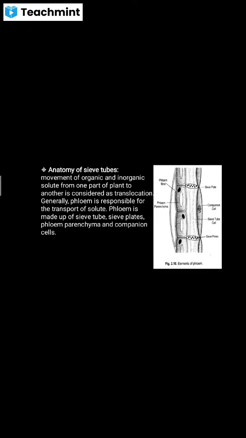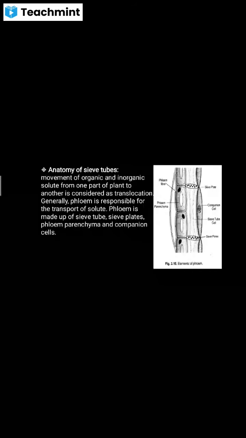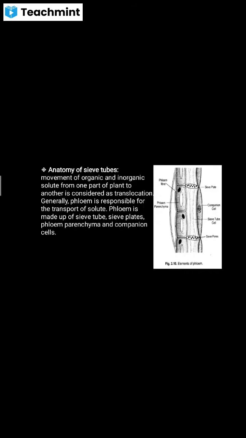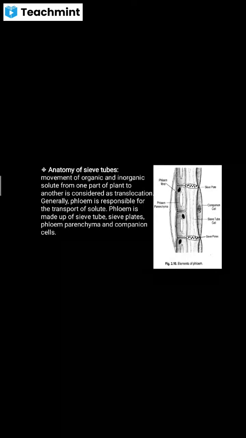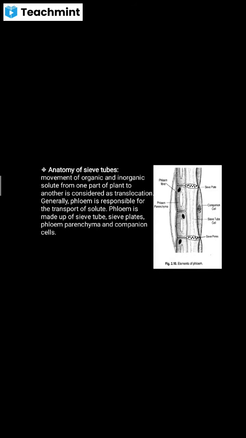So this is the picture of the phloem cell. In that you have seen the elongated tubes are there. At some intervals they are having the sieve plate, and in that sieve plate there are the sieve pores. Through those sieve pores the translocation of the solutes will take place.